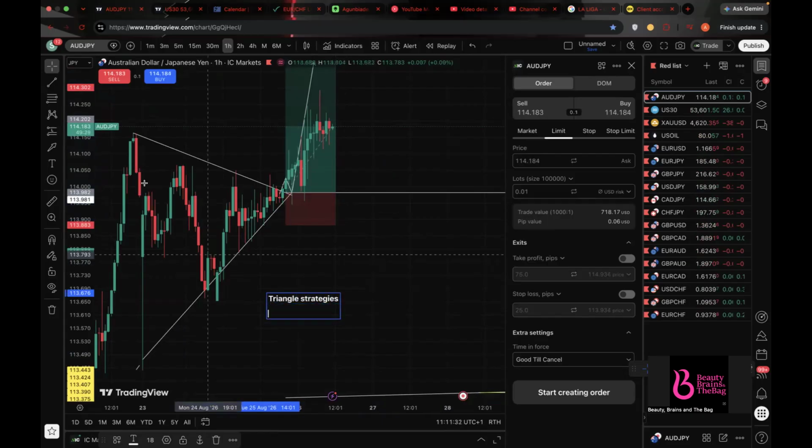Then add your symmetrical, ascending, descending, and price trap. Put them in one box and call them market trap strategies. You can just call them price trap strategies.